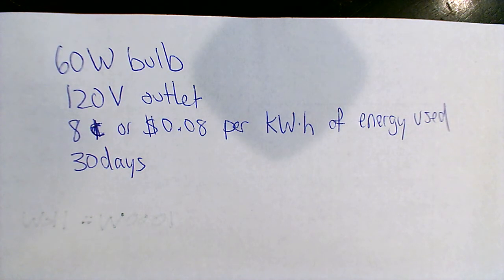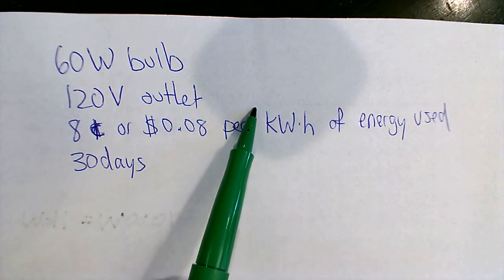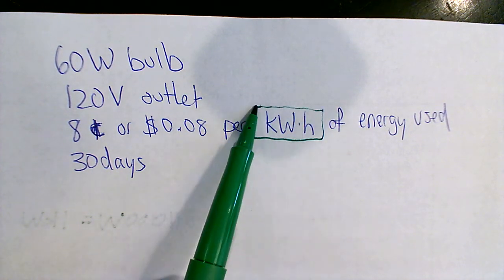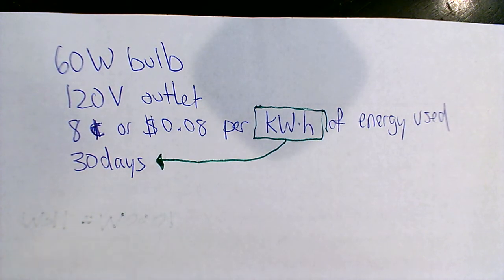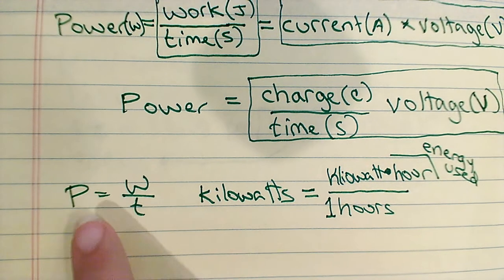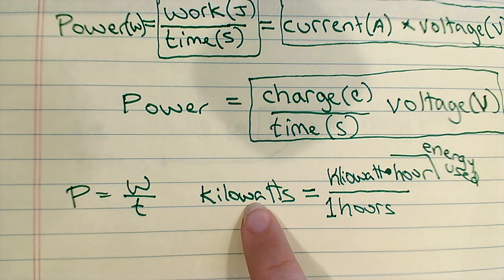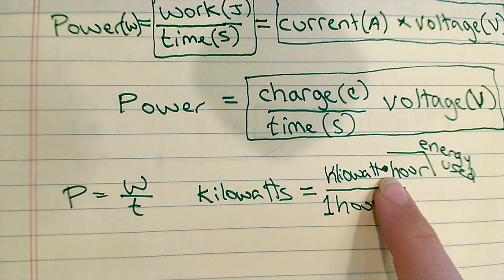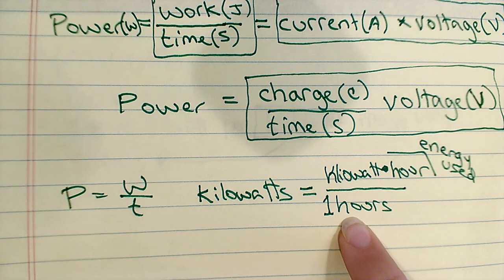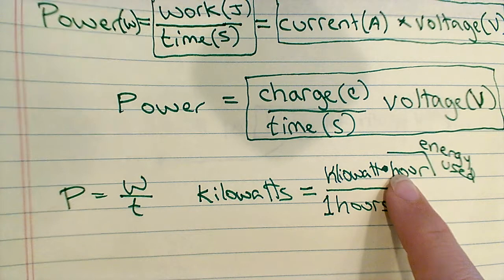So, now what? We need to figure out how many kilowatt hours of energy would be used in 30 days of time. If I go back to how I figure out kilowatt hours, it is kilowatts power equals kilowatt hours work divided by time, and this time is in hours because we're going to a kilowatt hour.